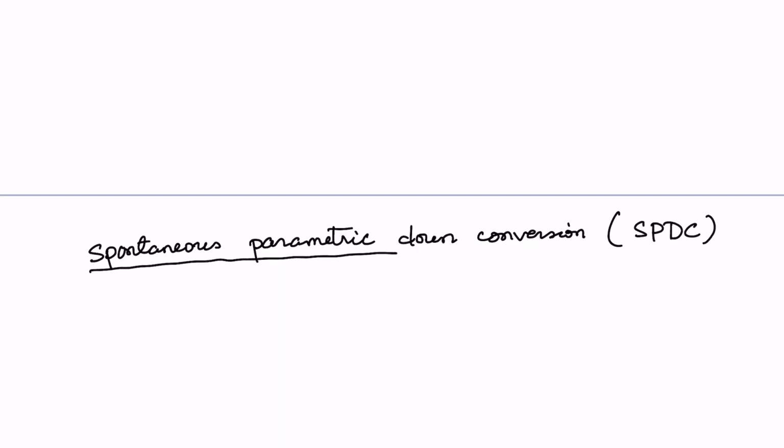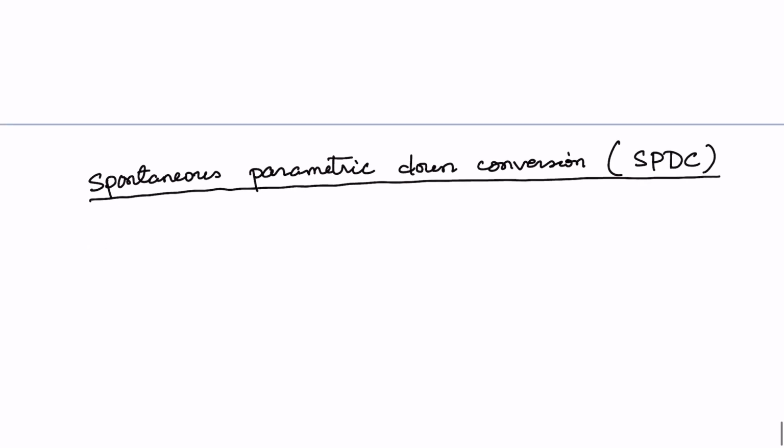Spontaneous parametric down conversion, in short it is called SPDC. I should have actually talked about this particular process earlier, but just because I'm discussing quantum entanglement, it reminded me, okay, just to mention this process to you.